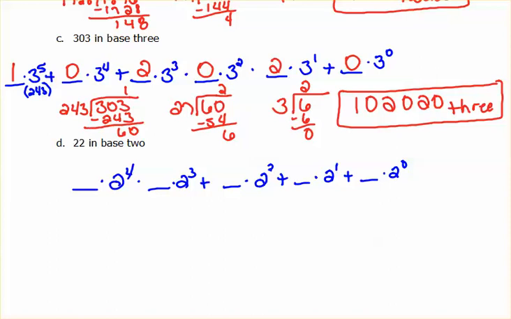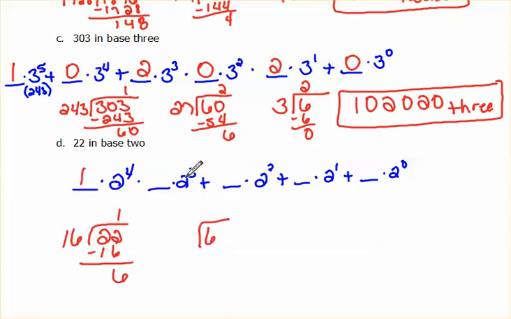Now we just need to do our division. 2 to the 4th is groups of 16, so 22 divided by 16 would go in one time and leave us with 6 left over. So we'd have one group of 16 with 6 left over.